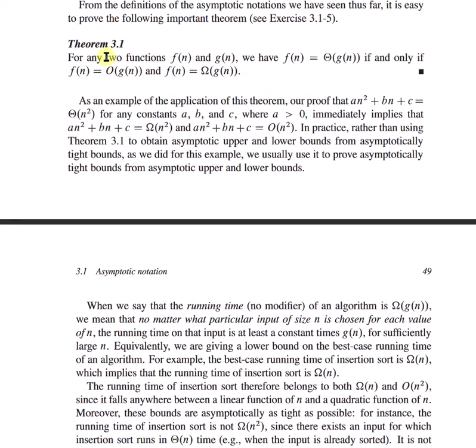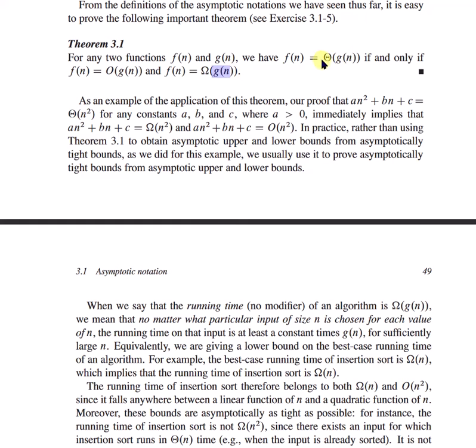This is theorem 3.1. For any two functions f(n) and g(n), we have f(n) belongs to theta of g(n) if and only if f(n) equals big O of g(n) and f(n) equals omega of g(n). So it contains an upper bound with relation to g(n) and a lower bound with relation to g(n).